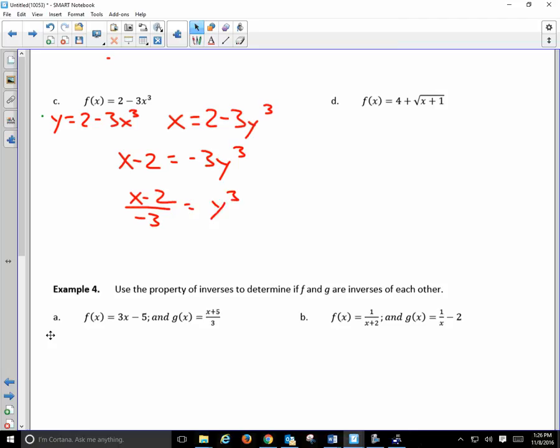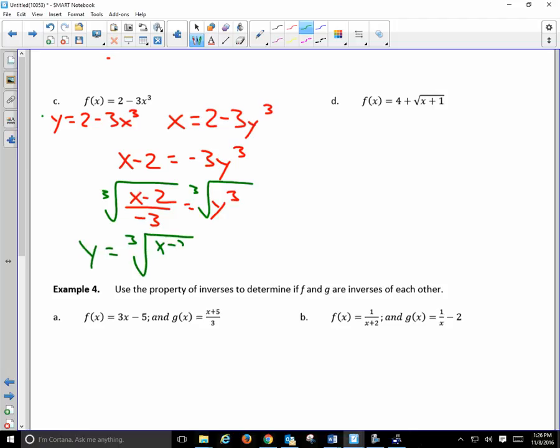How do I get rid of the cube? Take the third root or raise it to the 1/3 power. And so we have y is equal to the cube root of (x minus 2) over negative 3. Yeah, actually, I shouldn't leave the denominator like that, should I? The denominator is not rationalized, is it?